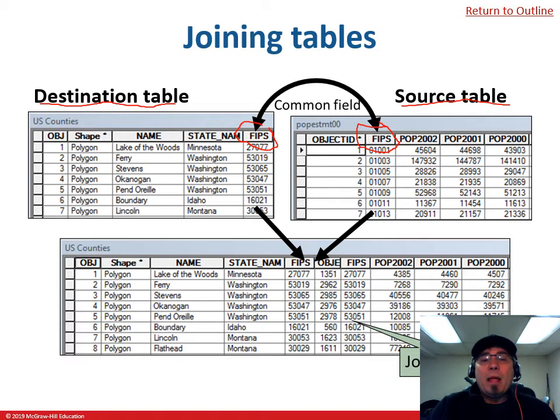and then bring them together based on that data. So what I can do with what's called a join is take this source table and bring it over and append it to the right side of the destination table. So when I open the destination table after the join, I get one big happy table. So you can see here's the FIPS for the original file, and then this is where the new one starts.